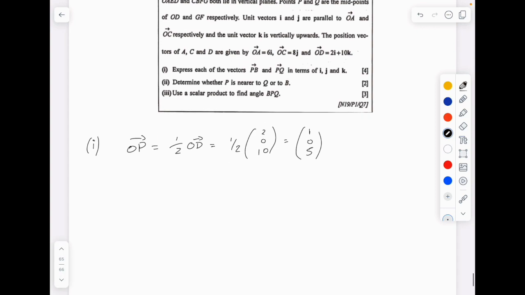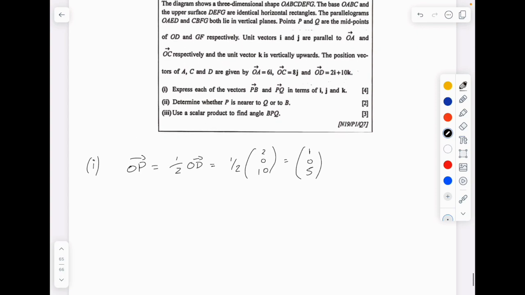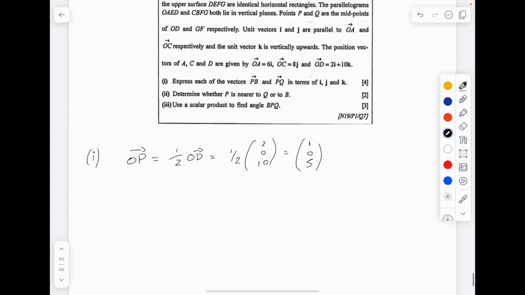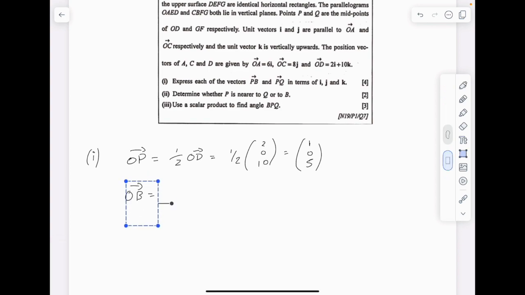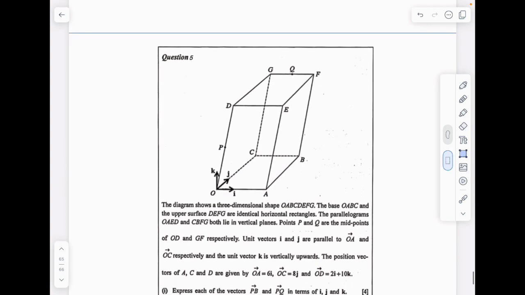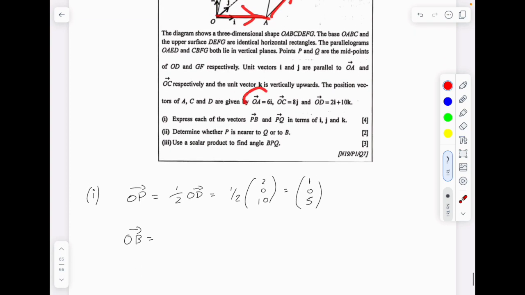Now, meanwhile, OB equals what? Well, if we find that this over here, how do we get there? We have to do OA plus AB, right? Now we know that OA is 6.